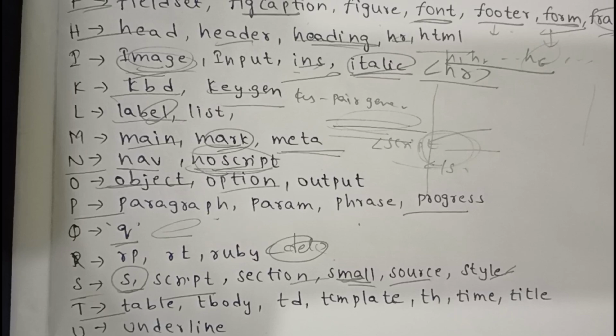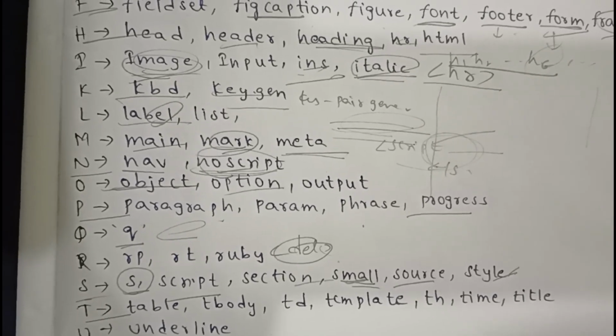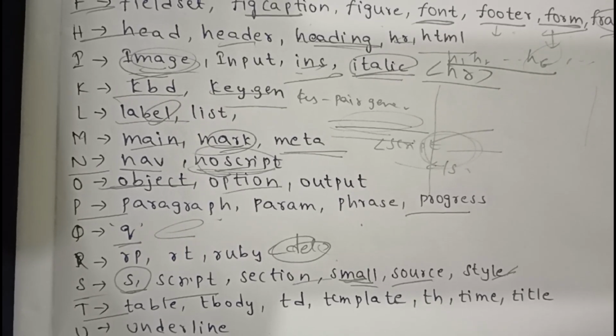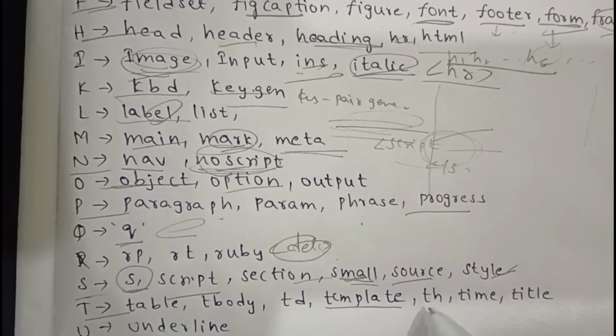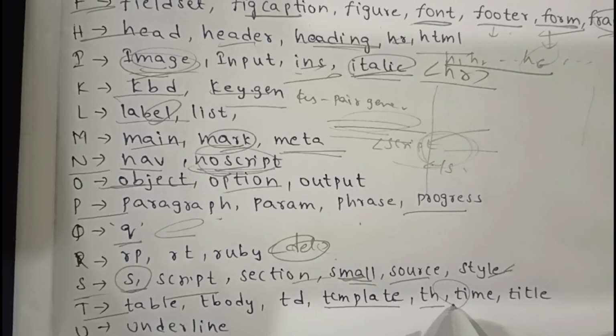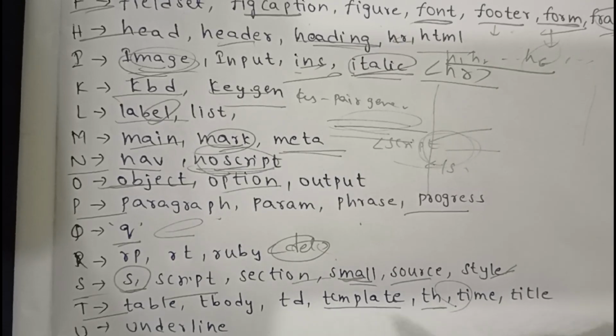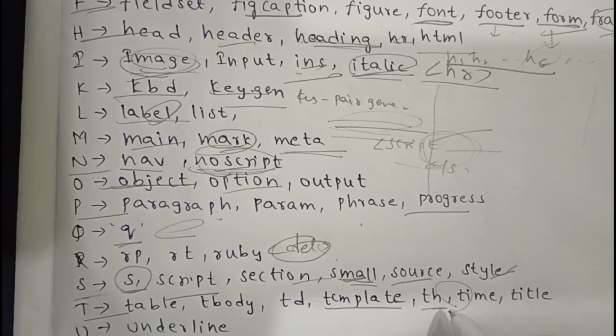And template is used to store HTML code fragments which can be cloned and inserted in the HTML document. Th. What does th mean? It is the header tag in HTML used to set the header cell in the table.